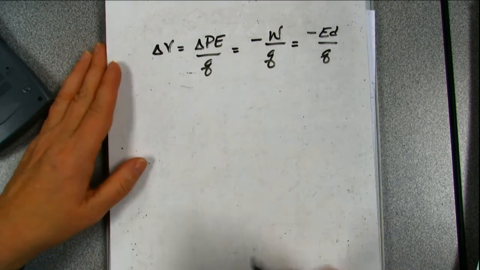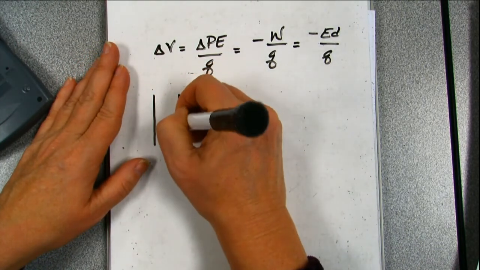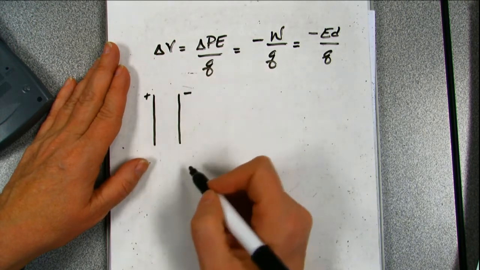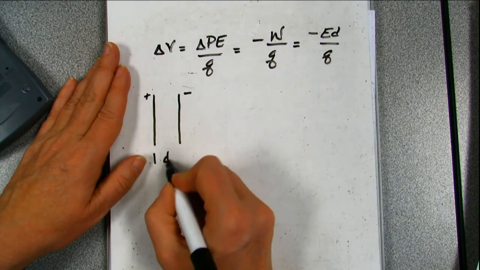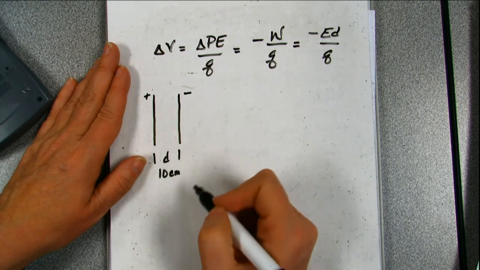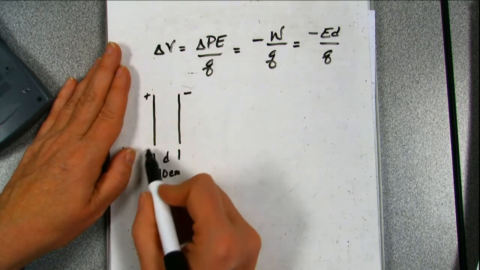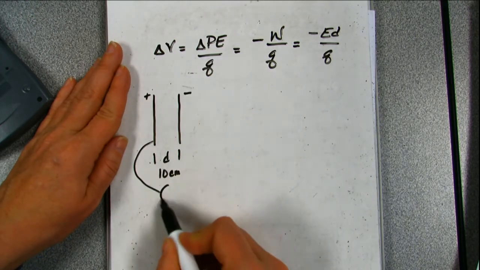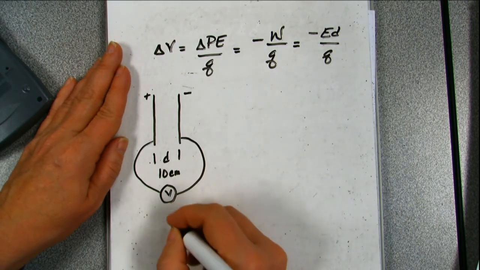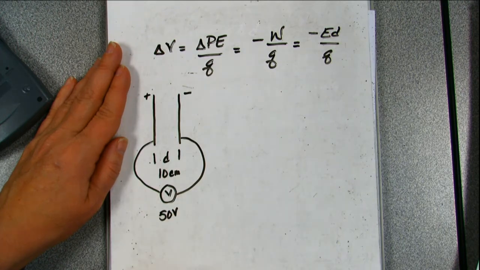So let's do something like this. I've got my apparatus set up here. This is a positive plate, that's a negative plate. We're told that the distance between the plates is 10 centimeters. We know that the potential difference, and a lot of times the way they'll do this is they'll put a little circle like this with a V in it, and we're told that the potential difference is 50 volts.